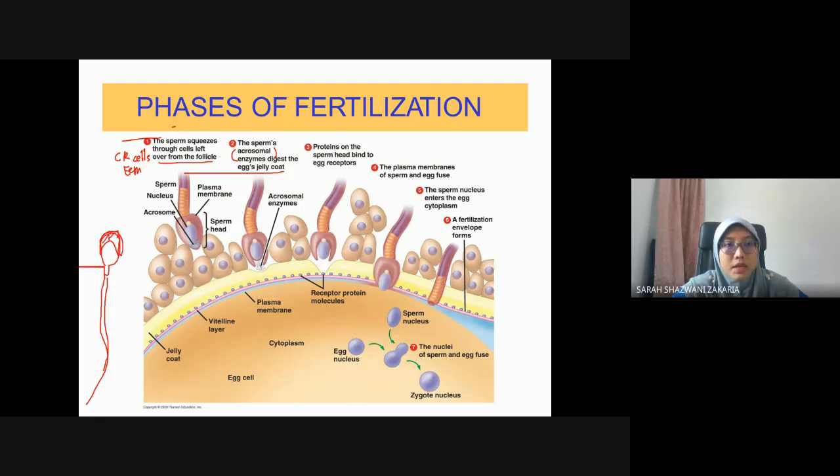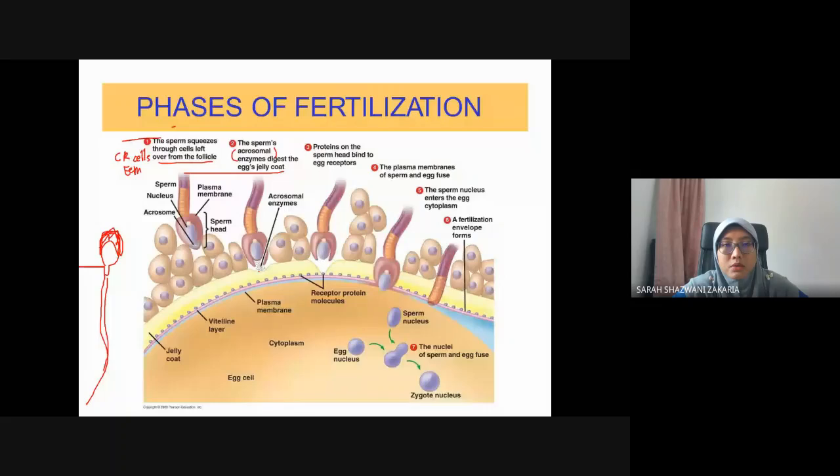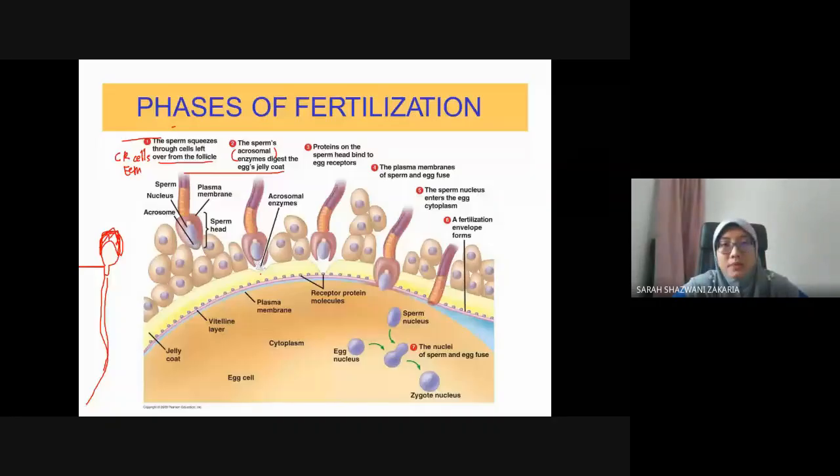So this acrosomal cap has enzyme, that's why this acrosomal cap is at the most tip of the sperm, to digest this jelly coat. This is also zona pellucida layers.